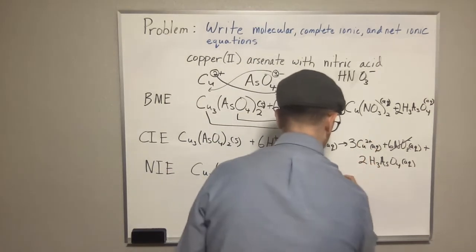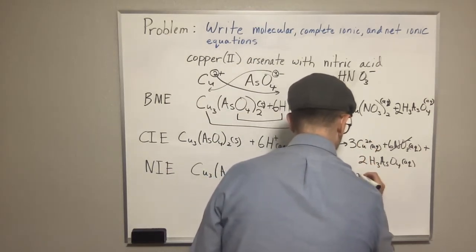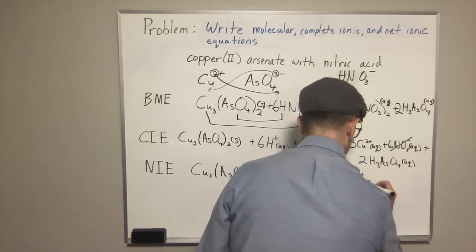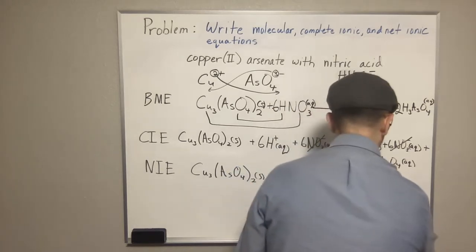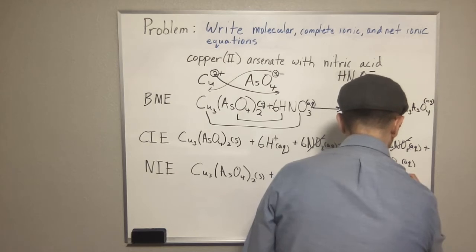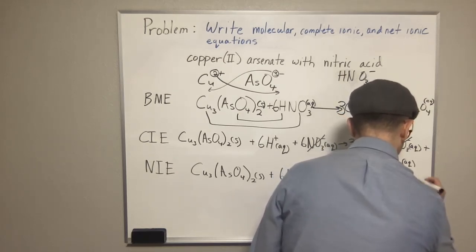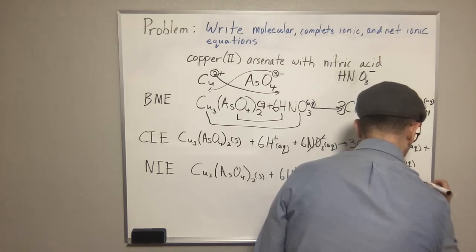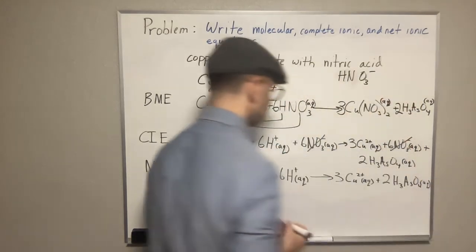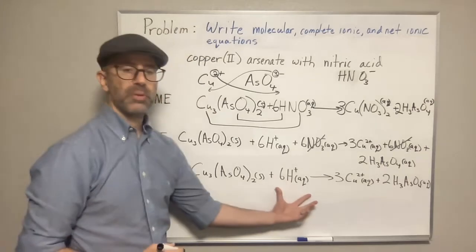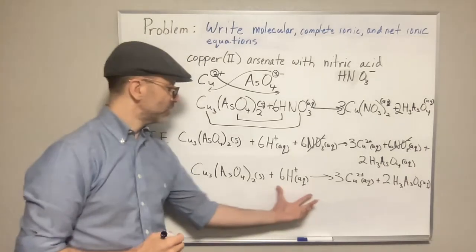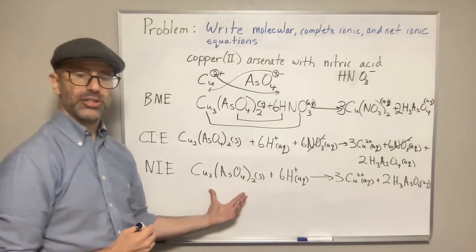So we're going to write 3 Cu2 plus aqueous plus 2H3AsO4 aqueous. And so this would be your balanced net ionic equation.